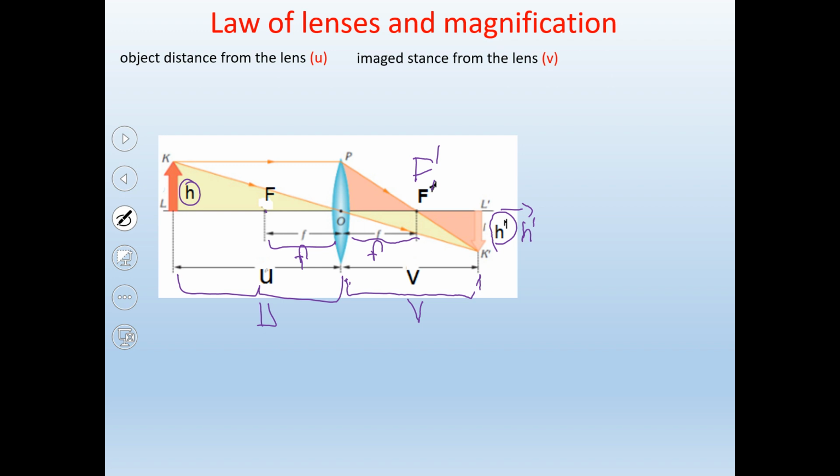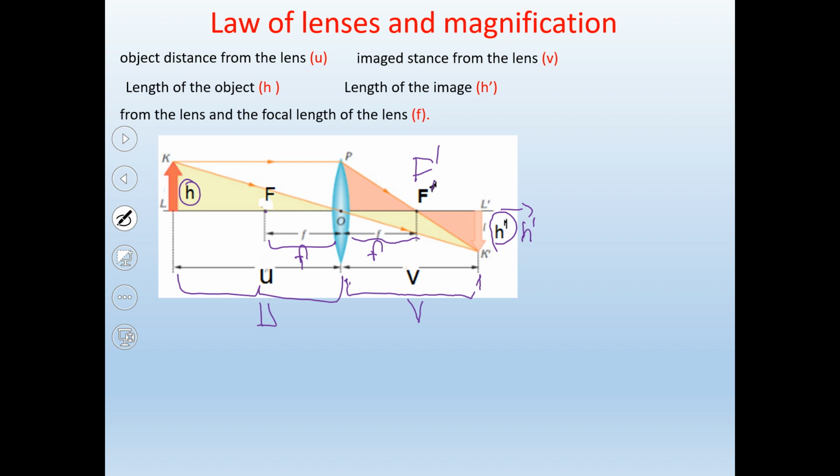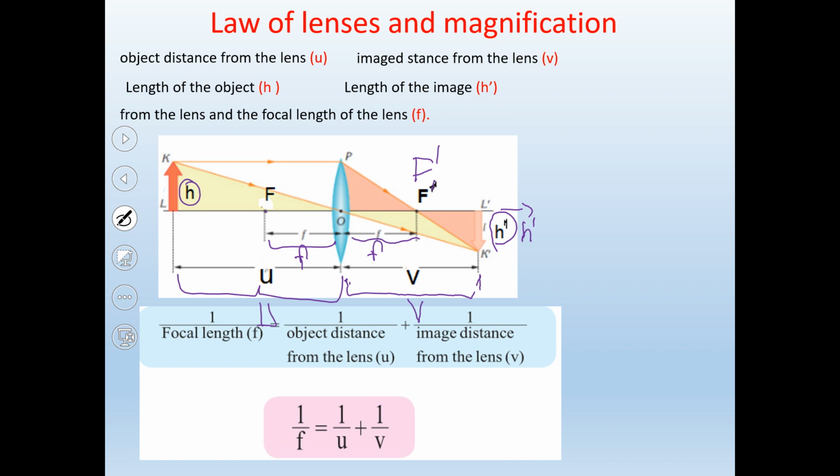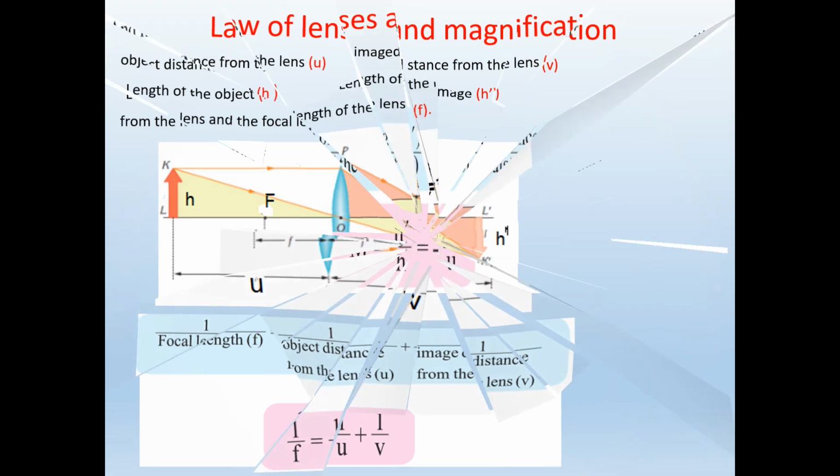Object distance from the lens is U, image distance from the lens is V, length of the image h prime, length of the object h, and the focal length F. Our equation is similar to the mirror: 1 over F equals 1 over U plus 1 over V.